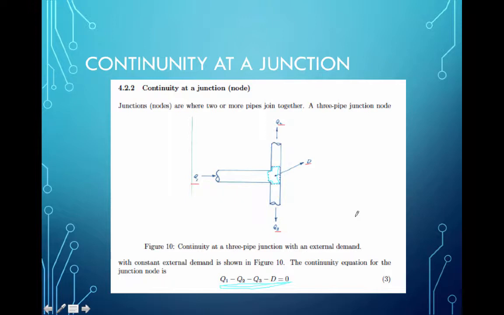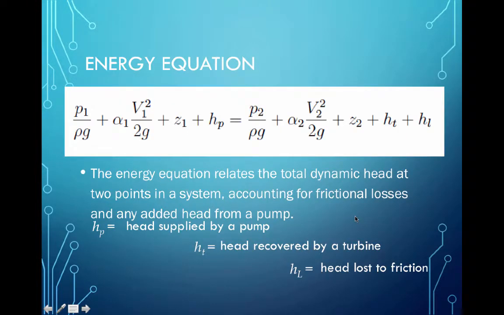Or Q1 minus Q2 minus Q3 minus D equals 0. Now usually we're going to write it as Q1 minus Q2 minus Q3 equals D. But this is probably the more rigorous way.